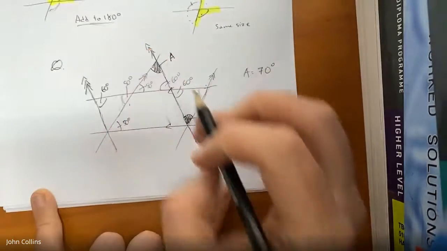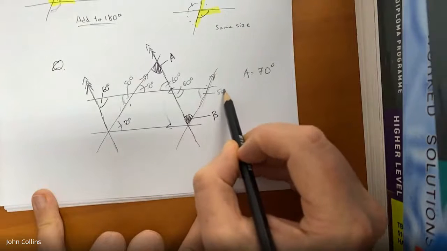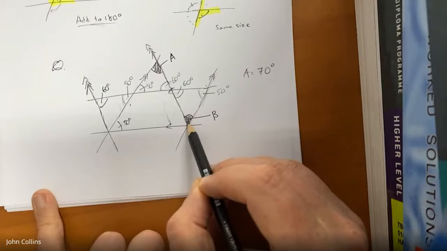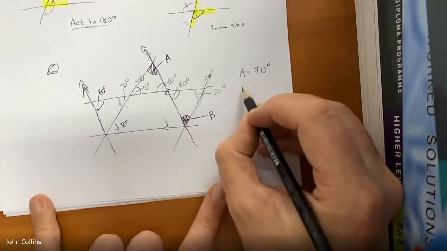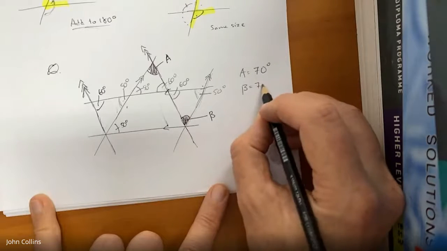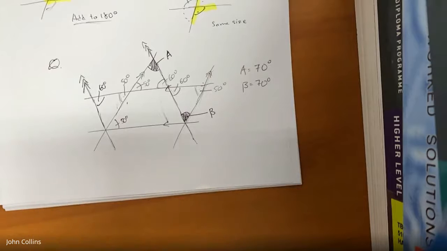Well, it's all very symmetrical looking. 50 here, which means this one corresponds to 50 there. And as we can see, 60, 50, and what make 180? That's going to be 70 as well, I think. 70, 50, yes it is. They're both 70 degrees. So hopefully you saw the little bits of theory. That's a very difficult question. A lot of parallel lines going on there.